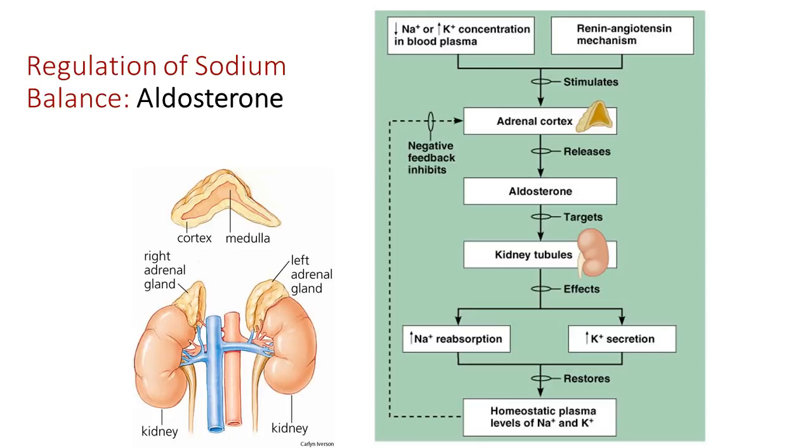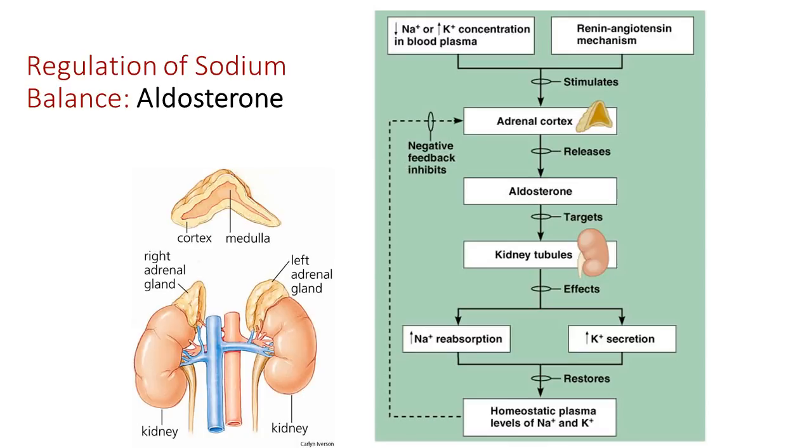If you've got more sodium going one way across the membrane, you tend to have more potassium going the opposite way. This has to do with the sodium-potassium pumps that we know about. So either low sodium or high potassium concentration in the blood will stimulate the renin-angiotensin mechanism that starts in the kidney.